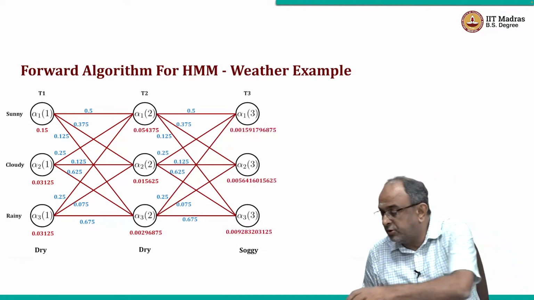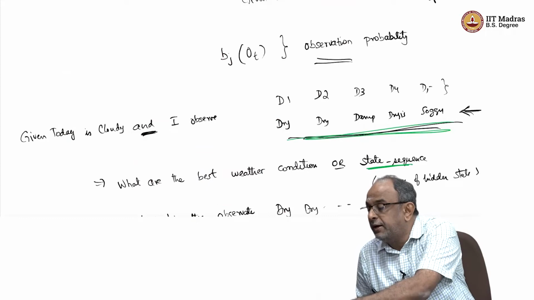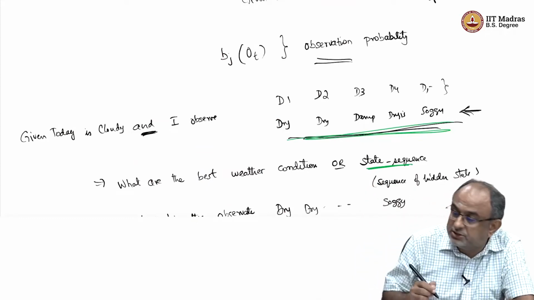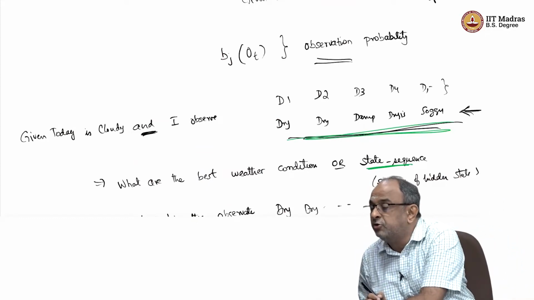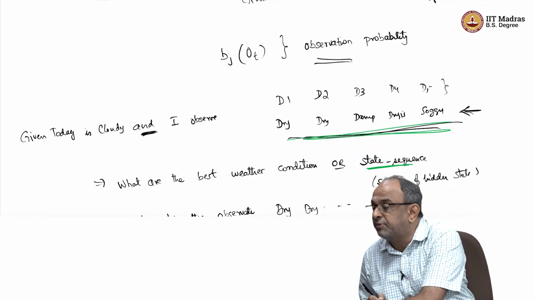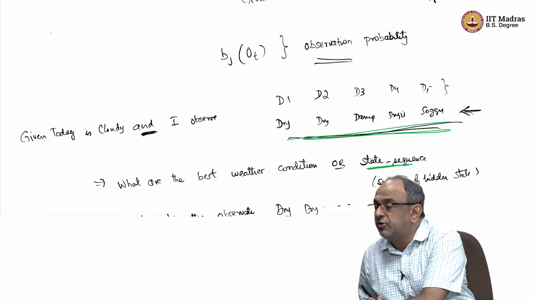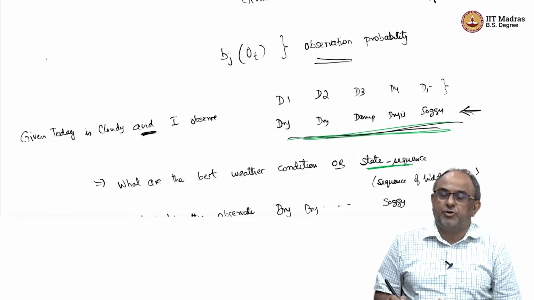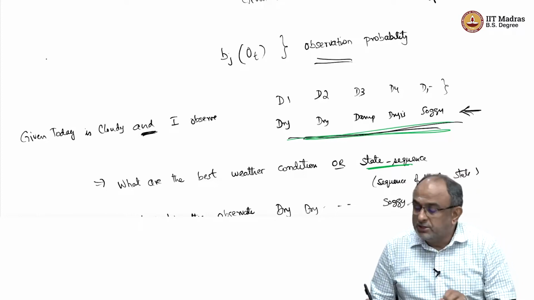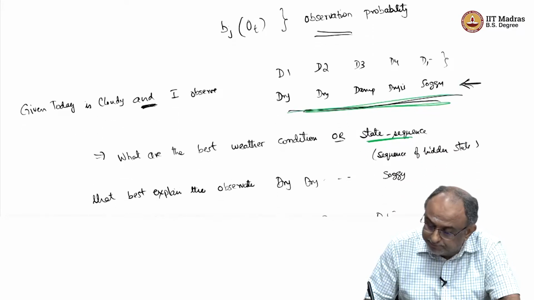So, let me explain what I mean by soft versus hard alignment using a GMM example, and the same principle pretty much holds between the Viterbi and the forward algorithm. Okay. So, let me explain.